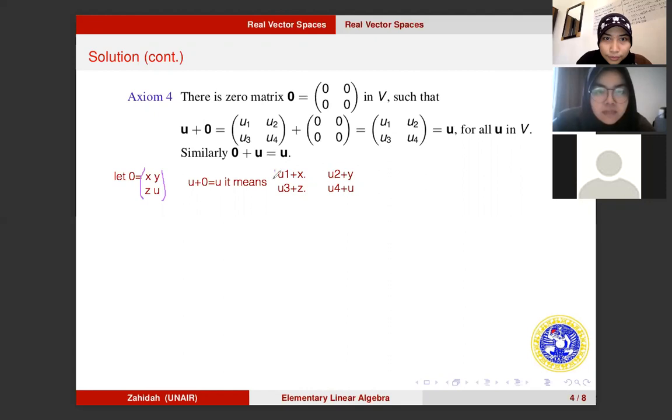So x, y, z can be any number or it will be 0. I mean, this is our construction, if we don't have any idea what our zero matrix is.